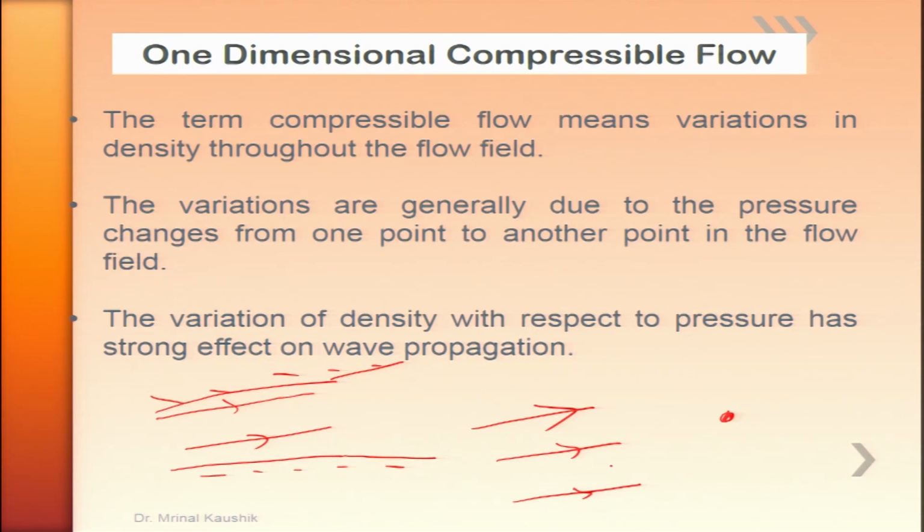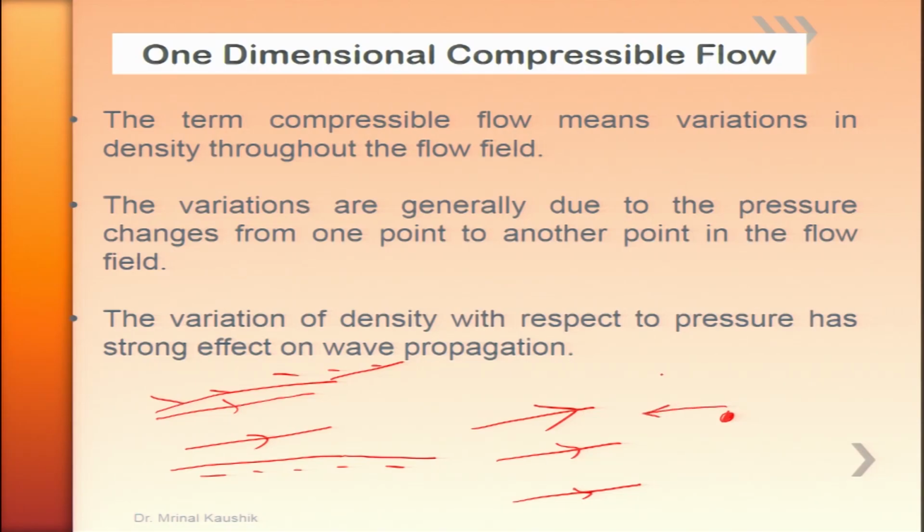In both cases, the compressible fluid which is approaching toward this obstacle, or here where the sudden area change is there, the fluid elements need to adjust themselves. But who will ensure this? Nature has given a technique that whenever an obstacle is present or there is an abrupt area change, then from that location the acoustic signal, that is, the information, is passed upstream with the speed of sound.